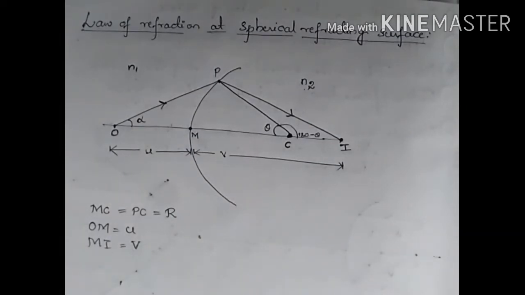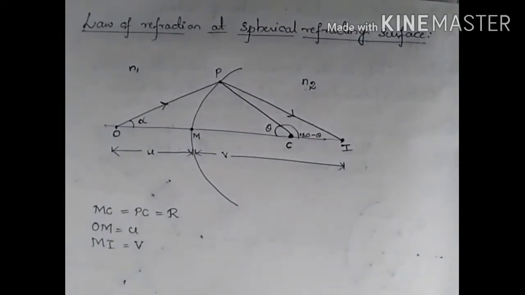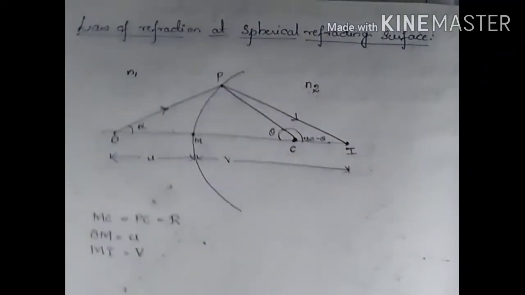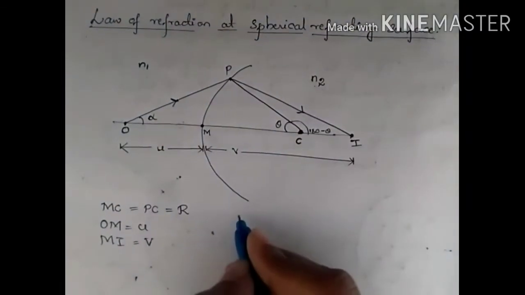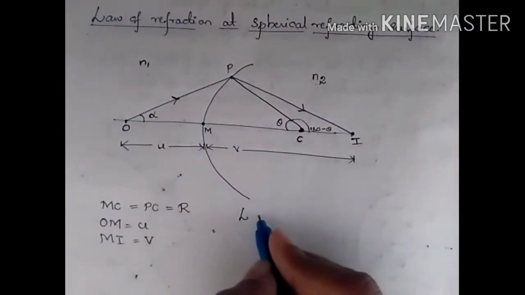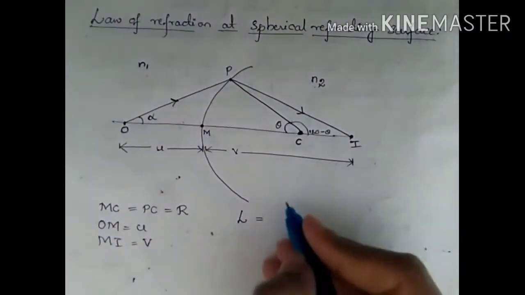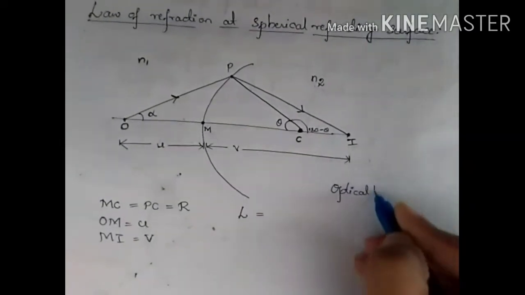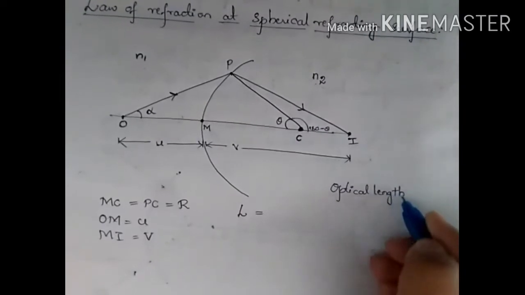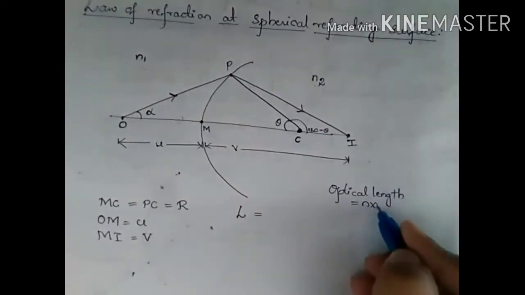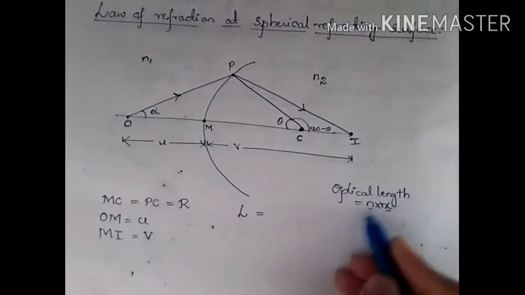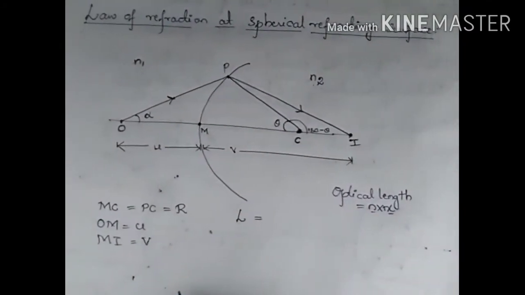So now if we continue, the OPI is the optical length. So now L can be written as, so how do we write optical length? Optical length is written as N into X. Here X denotes the distance and N denotes the refractive index of the medium.